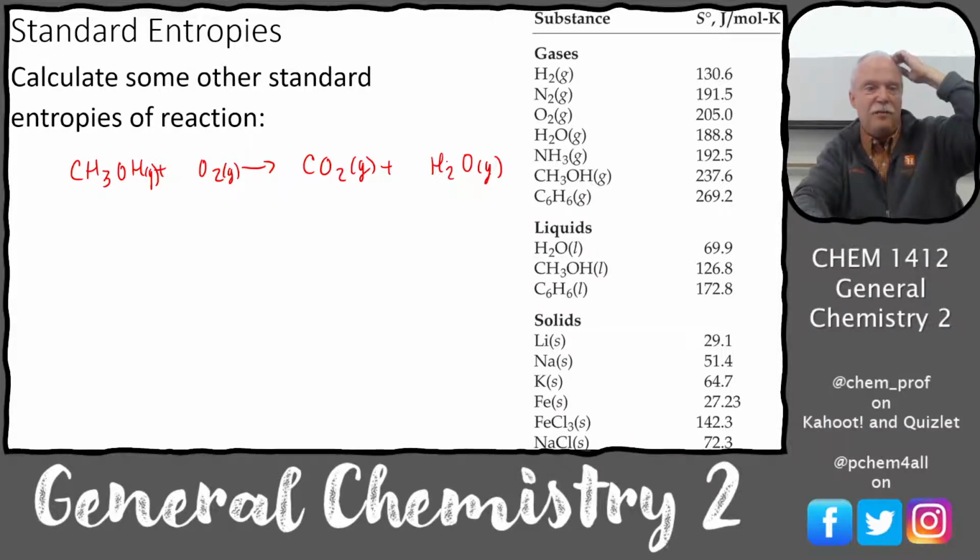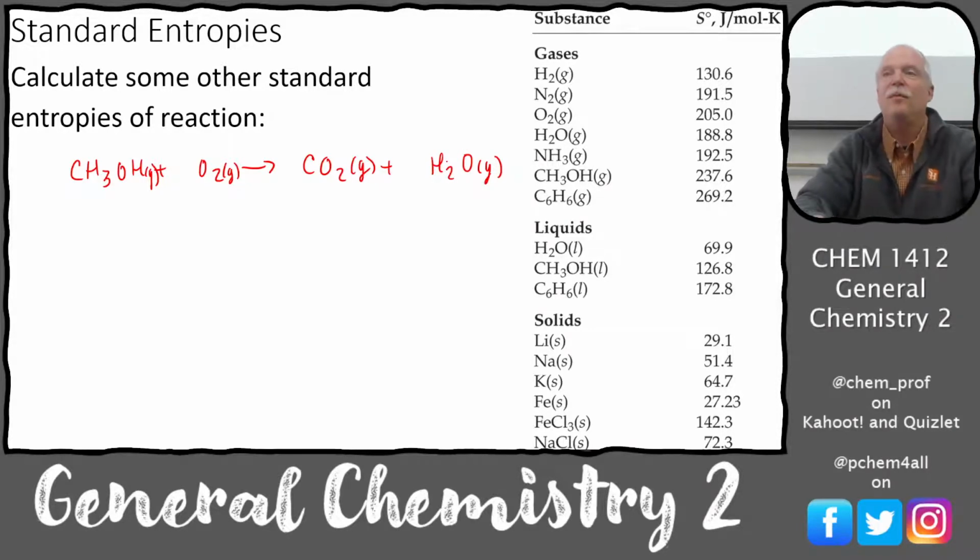Okay, so if I give you the combustion of methanol, you've got to be able to balance this chemical equation. So we've got one carbon on either side. That's good. Let's save the oxygens for the end. We've got 4 hydrogens. They come in pairs over here, so we have 2 there. So now we have the 4 hydrogens. And so then add up the oxygen. So I've got an O2 here, and I've got 2 oxygens there. I've got an O2 there.